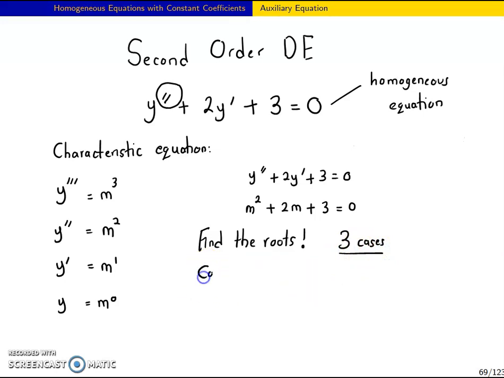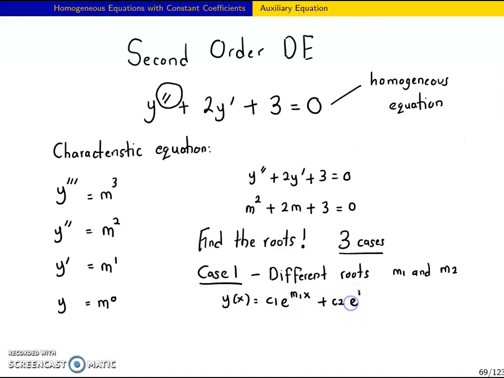So case 1, when you have different roots, such as m1 and m2, your general solution will be in this form: c1 e to the power m1x plus c2 e to the power m2x.